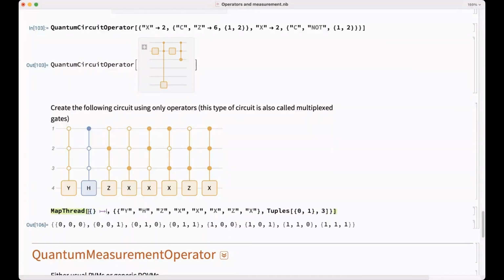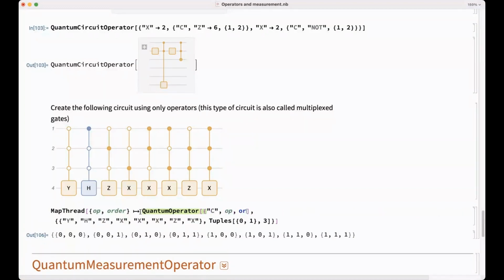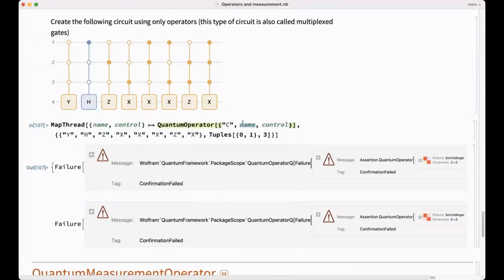And then let's go with operator, the name control. That makes sense. No, because we can't use 0.